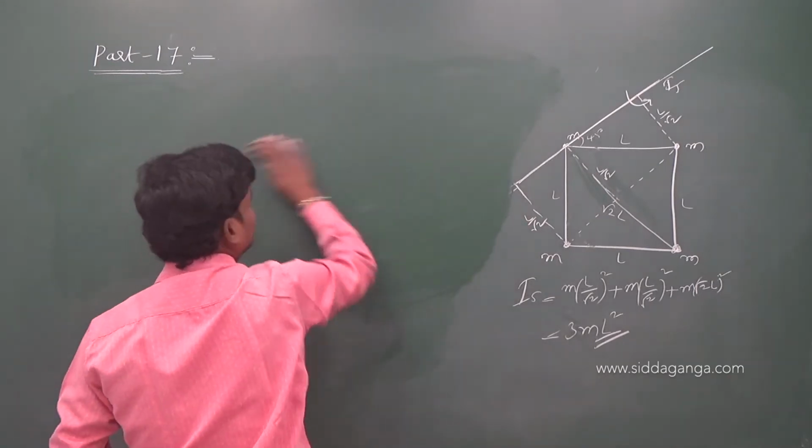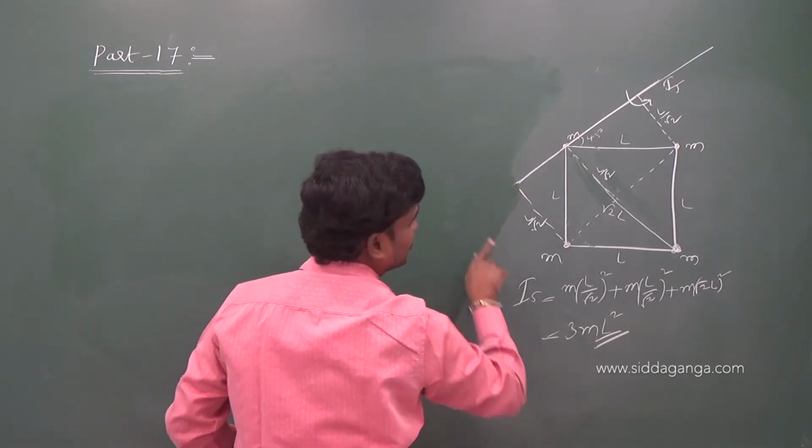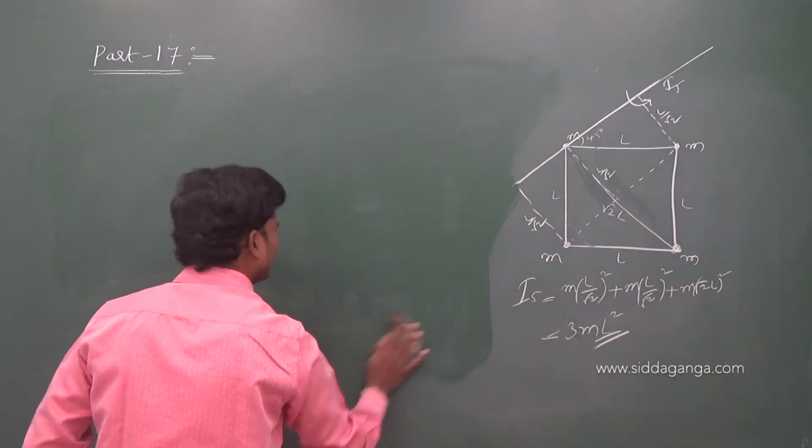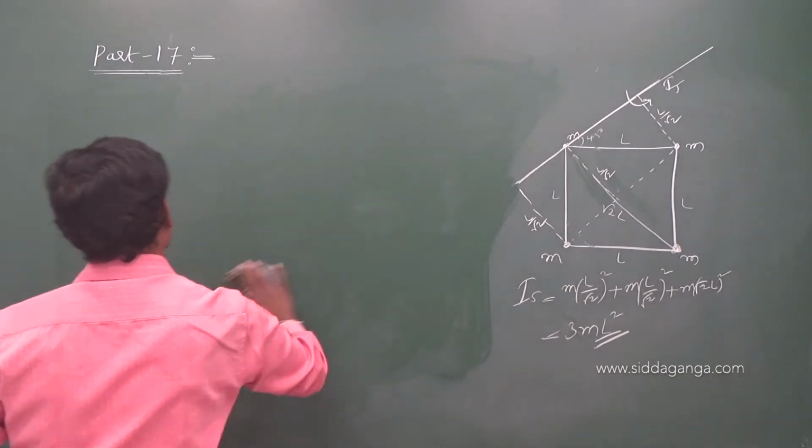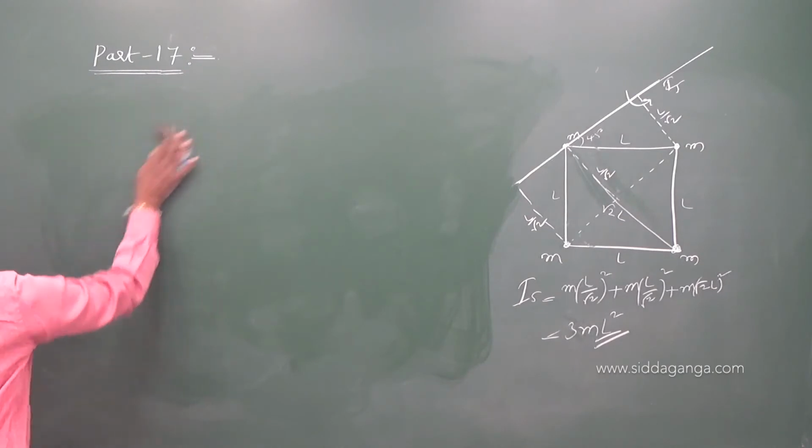Try to find I6, I7 if it is moving in this direction. If angles are clear, then we can find the perpendicular distance.